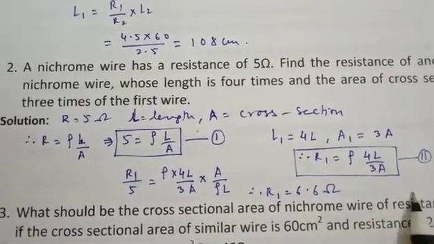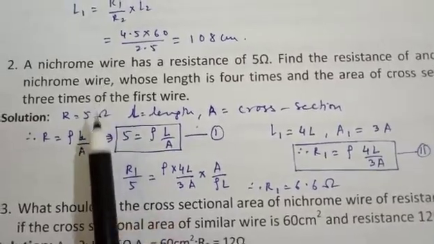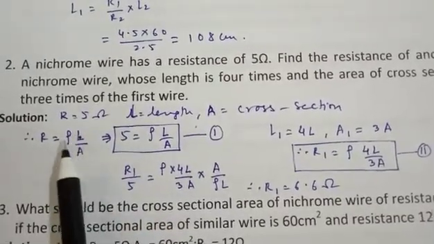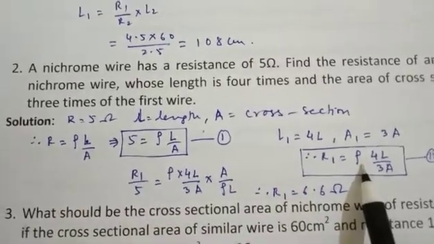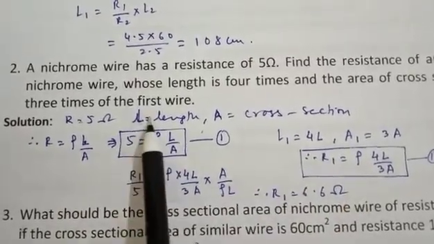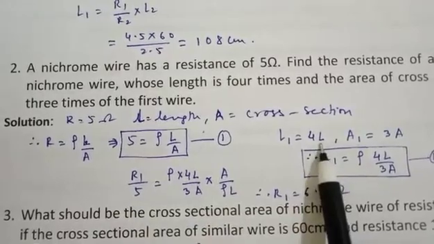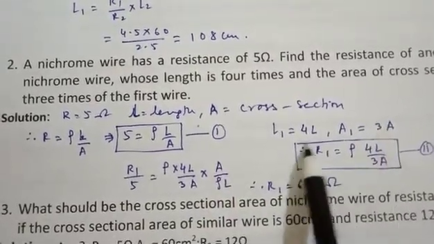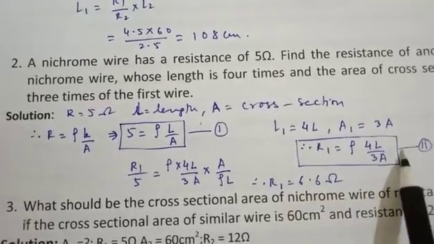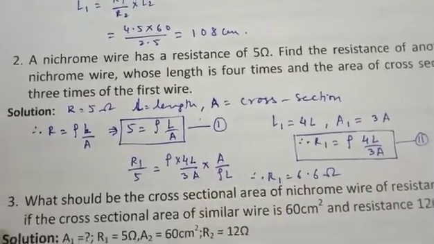Now in this question, since both the wires are of nichrome, the resistivity is taken as rho here, also rho here. In the first case, whatever length we were having L, it has become 4 times and the area has become 3 times. And this is how we got the second relation, and after dividing we have got the answer.